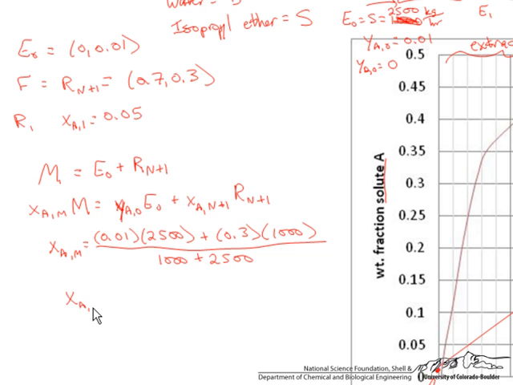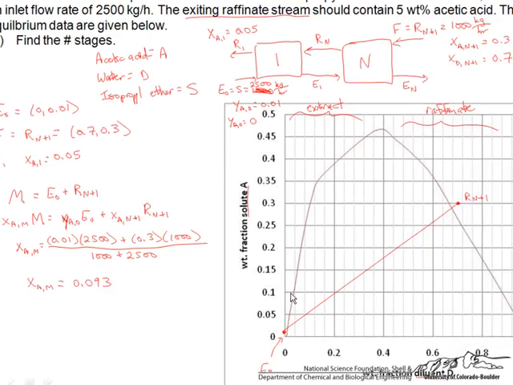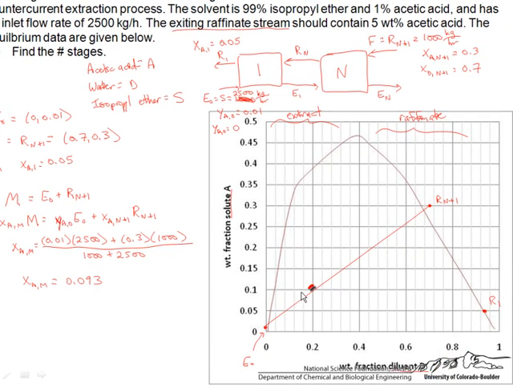So XAM equals 0.093. So if we go on our plot, we have 0.093, and it has to be on the mixing line. We can see that this point is the mixing point. And if you want to check to see if that's right, you can do a mass balance over the diluent.